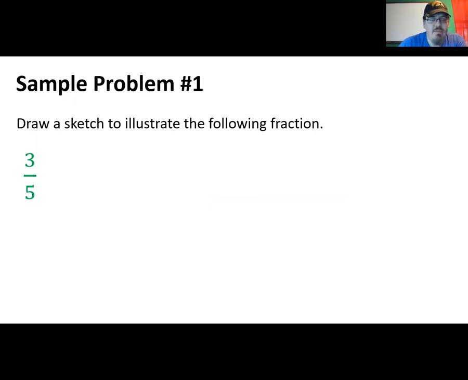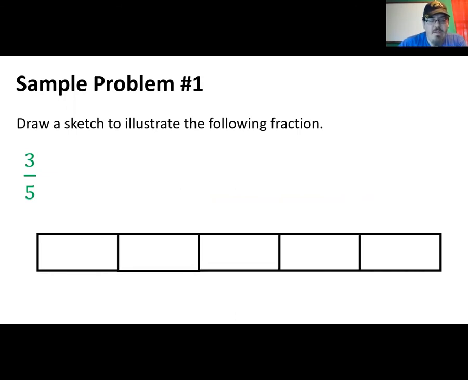That means our whole amount is divided into 5 equal pieces. In this illustration, we've got 5 different parts altogether. The numerator tells us how many of those parts we actually have.